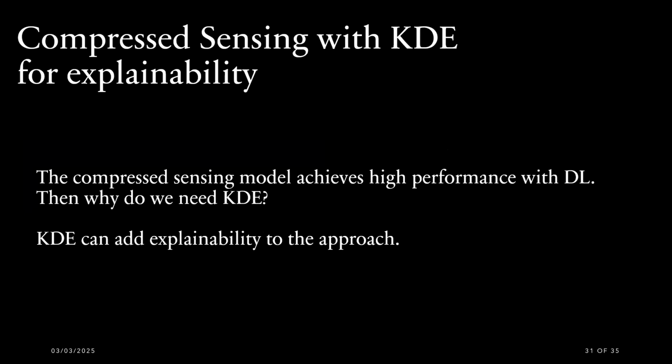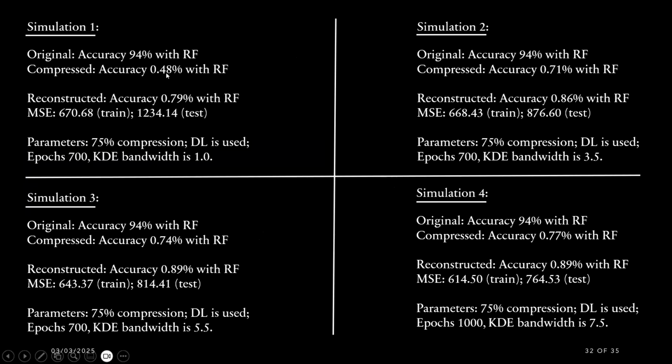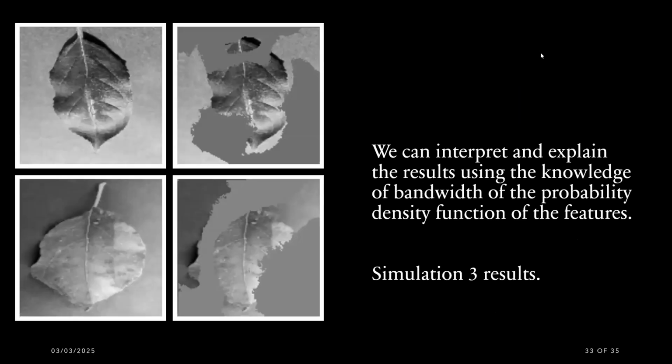So, compressed sensing with KDE for explainability. The compressed sensing model achieves high performance, but KDE can add explainability to the approach, as I mentioned. Here is a similar thing: this is the 48%, as we know, and then 71%. But as you can see, the deep learning basically improves it.